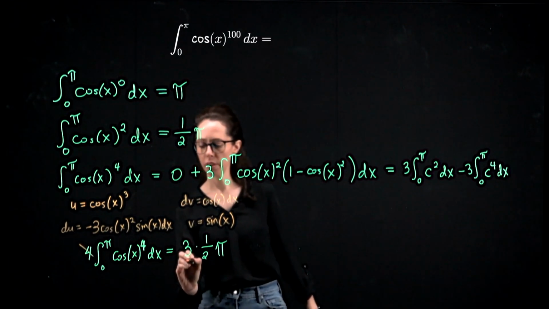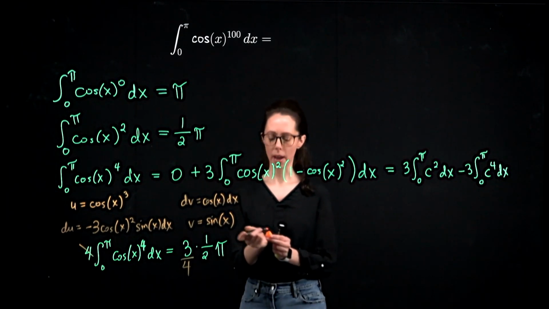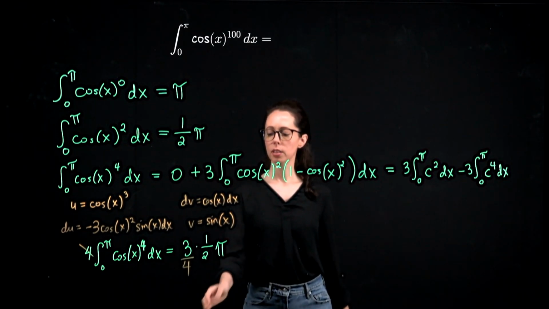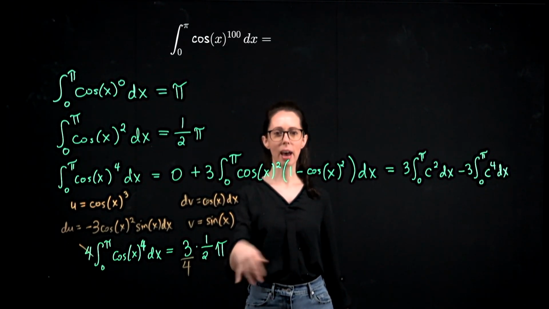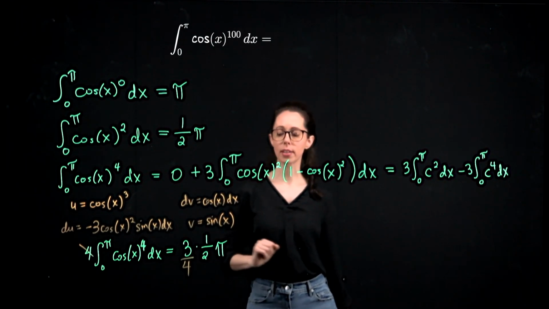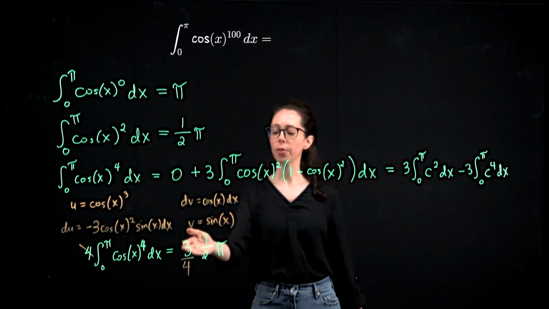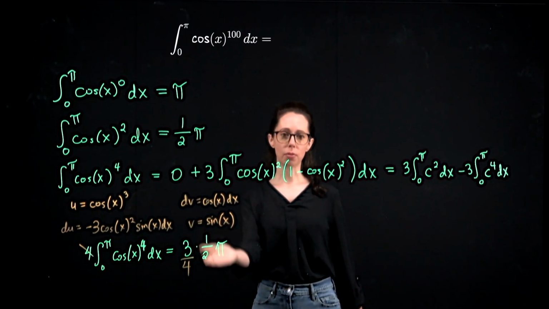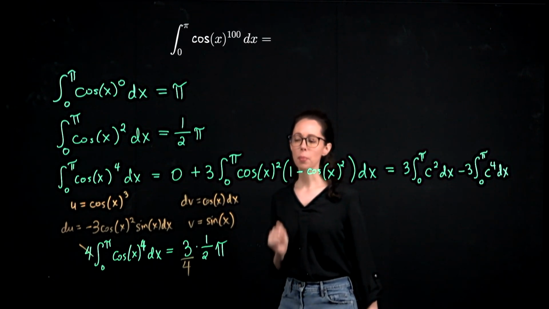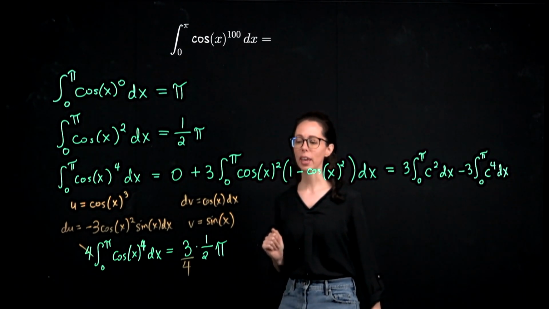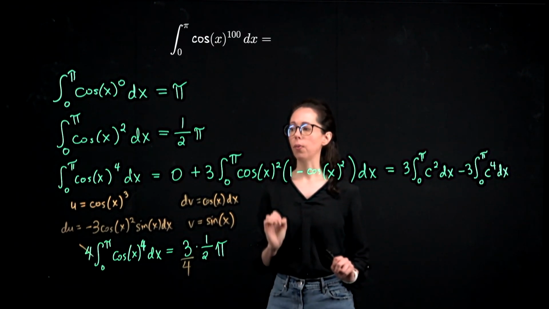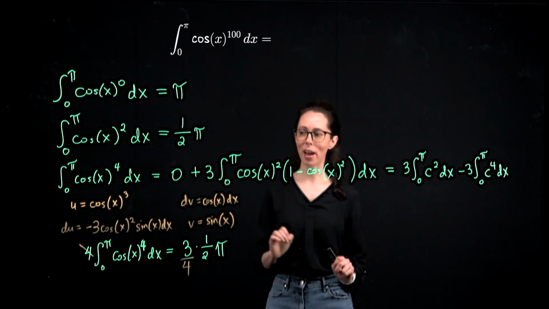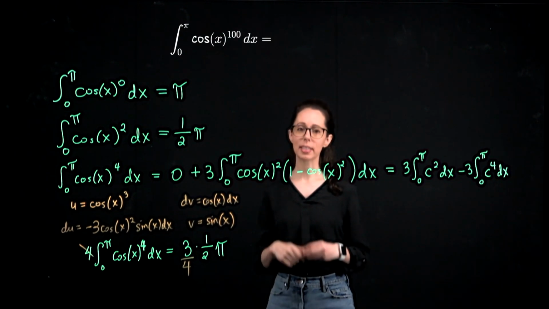And as we do so, we might recognize a pattern coming out. So we had 1/2 times the previous integral. So this times a half gave us the integral of cosine squared. And now we have 3/4 times what we had before. So pause for a moment and see if you can just conjecture what this number would be for the definite integral from 0 to pi of cosine of x to the 6th power.